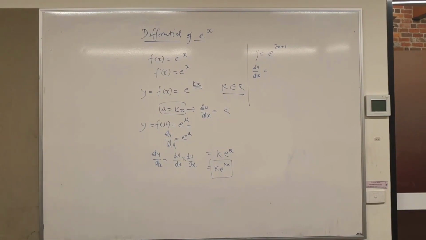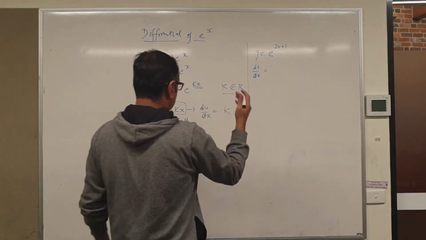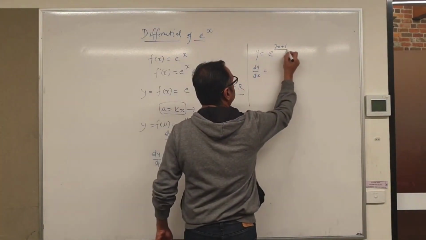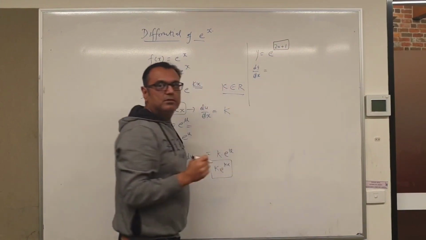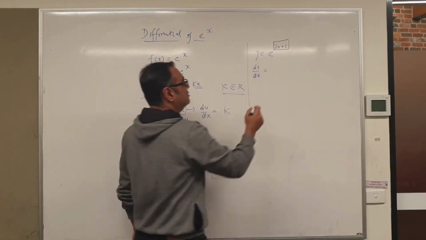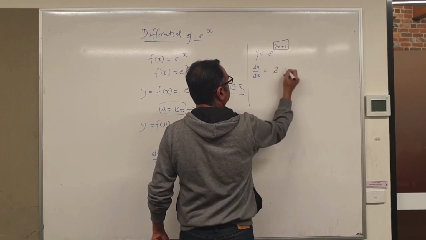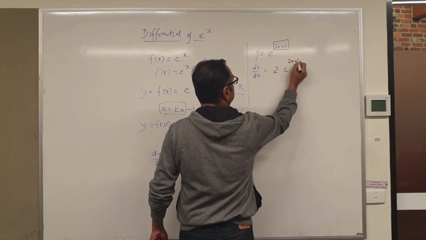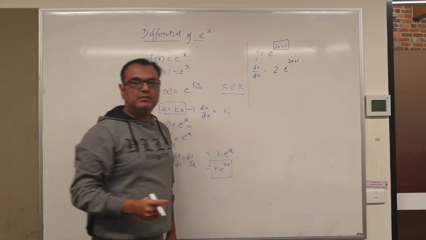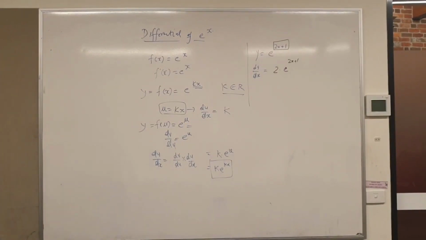Yes, done. If you are not able to kick off, simply find the differential of the power, which is 2, and write the same stuff back. That's it. That's the answer. Make sense?